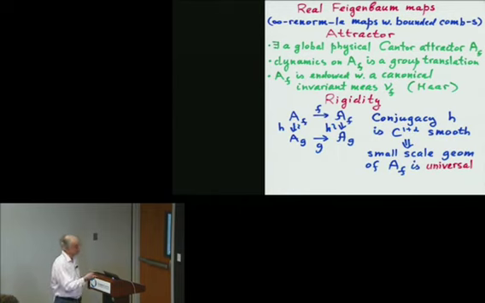Then it was known since the 70s that such a map has a Cantor set which is a global physical attractor which attracts almost everything. The dynamics on this set is easy dynamics.